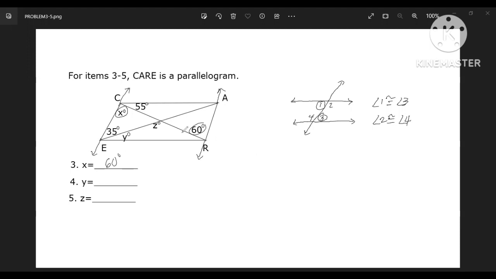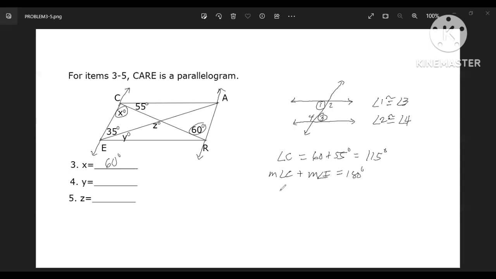So next, to solve for Y naman, we can now apply the properties of consecutive angles, diba? Consecutive angles are supplementary. Because angle C now ay buo na yung angle C natin. Remember, angle C is X plus 55, or 60 plus 55, or 115 degrees, no? Now, applying the properties on consecutive angles, we have the measure of angle C plus the measure of angle E is equal to 180, di ba? Consecutive angles are supplementary.